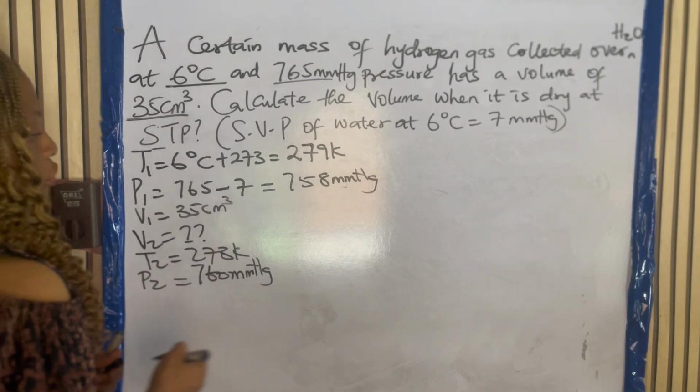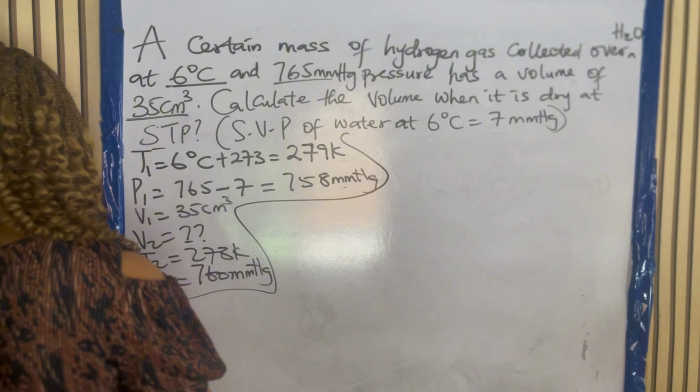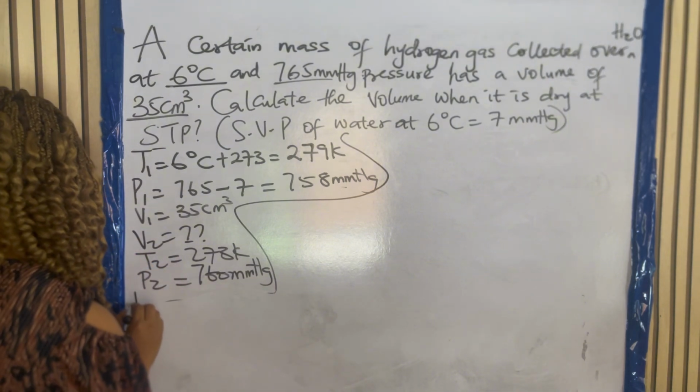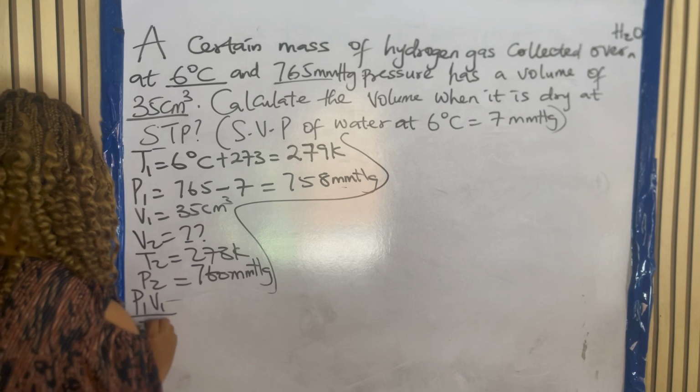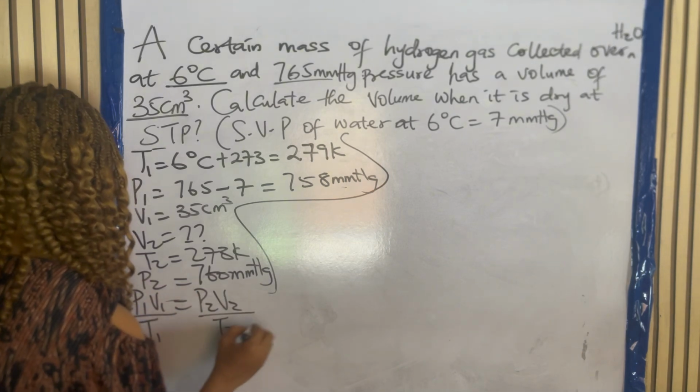All right, let's solve now. To solve, we'll be using the formula: P1 V1 all over T1 is equal to P2 V2 all over T2.